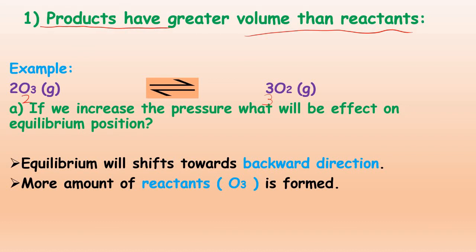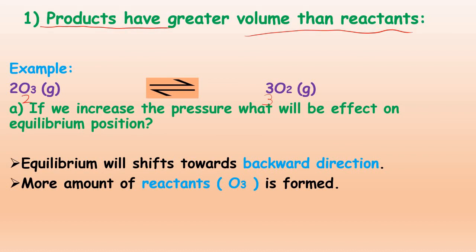Then if we increase the pressure there, what will happen? The main idea, as I am telling you all, is that whenever there is an increase in the pressure, equilibrium will move towards that side where there are fewer moles. This is very important.